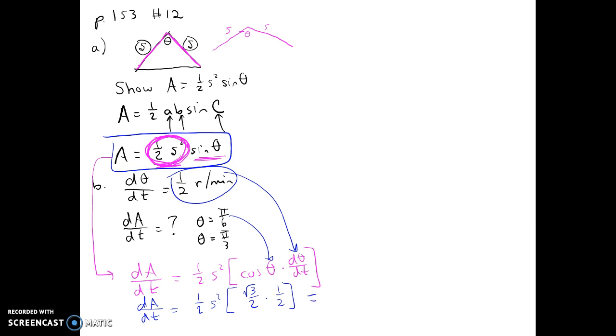So this would be S squared times the square root of 3 over 8. The area would be measured in, let's see, I'm looking to see if we have units.